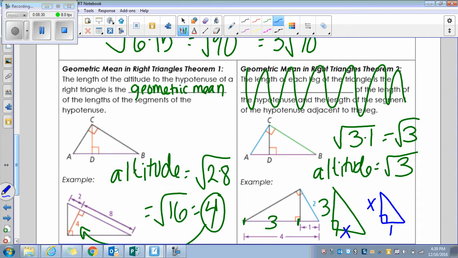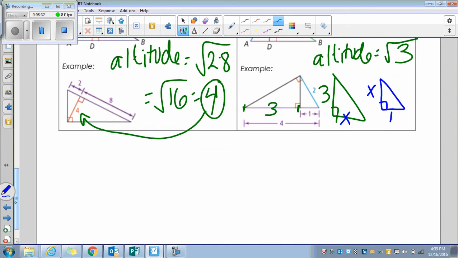So if you think about it, let's start by writing 2 ratios. We have the bottom part of the first triangle, the bigger triangle. We said that was going to be x, our altitude, and the bottom part of my smaller triangle is 1.